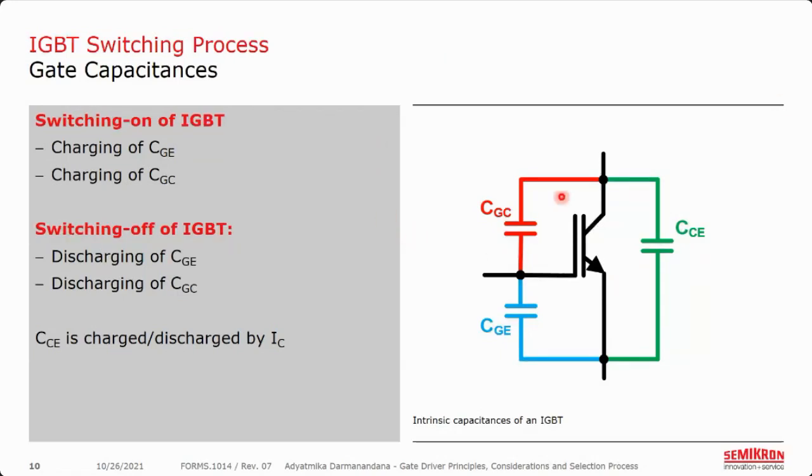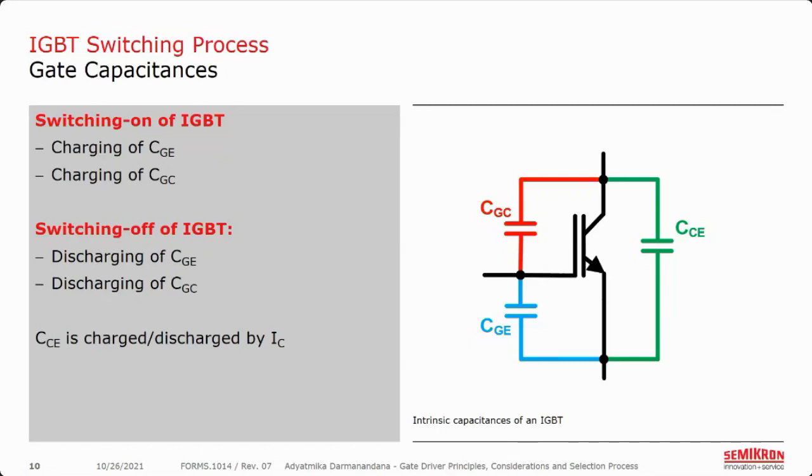These are the CGC, or we can call it the Miller capacitance, the CGE between the gate and emitter, and the CCE between the collector and the emitter. To determine the needed output power capability of a gate driver, it is the input capacitance, the sum of the CGC and the CGE, that we need to consider, as they most strongly determine the gate voltage and current characteristics of the gate.